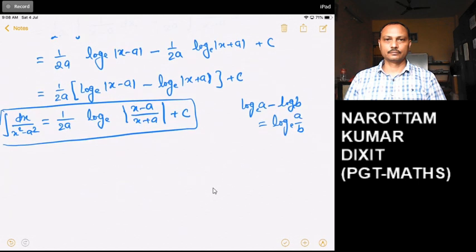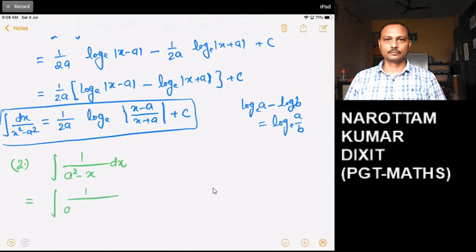Similarly, we can find the integration of 1 upon a square minus x square, which is our second formula. The second one is integration of 1 upon a square minus x square dx. So once again, multiplying and dividing by 2a and factorize the denominator.